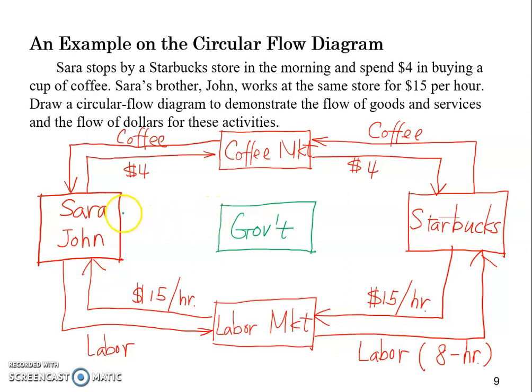Remember, the government will collect tax revenues from households, more specifically the income tax and other things like the property tax. The government also collects tax dollars from Starbucks. On this side, it's more likely to be sales tax or corporate tax. In return, the government will provide public services to the households and the firm.